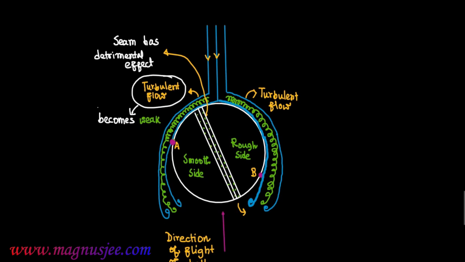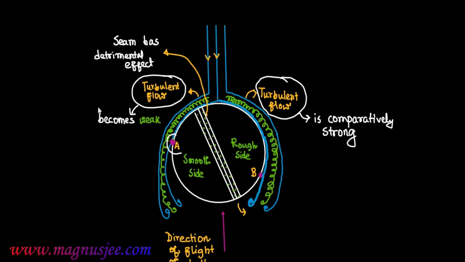This turbulent flow on the seam side becomes weak due to the detrimental effect of the seam, and the turbulent flow on the non-seam side or on the rough side is comparatively strong. A is the point of separation from which the weak boundary layer will be separated from the seam side of the cricket ball.